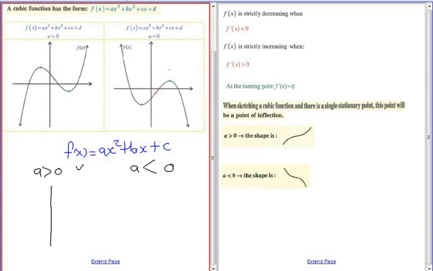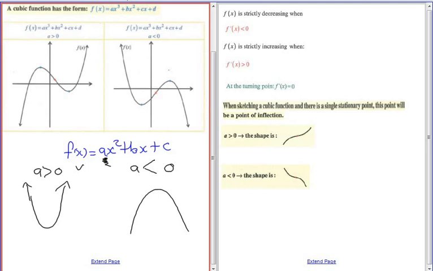If a happens to be positive, the graph will actually just smile. We will call it smiling, the concave up. It will be like this. So this is the shape we were expecting, and similarly we're expecting a shape like this when this a value was negative. So the shape of these graphs was determined by this a value.